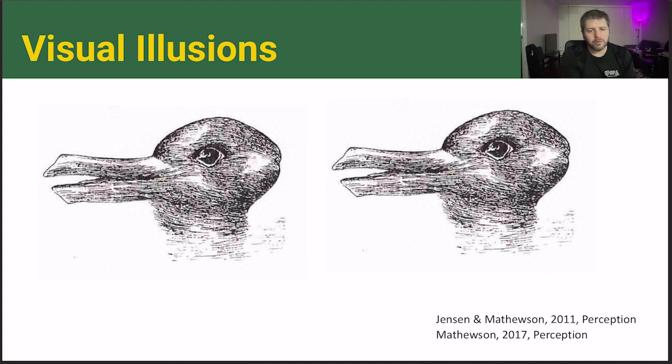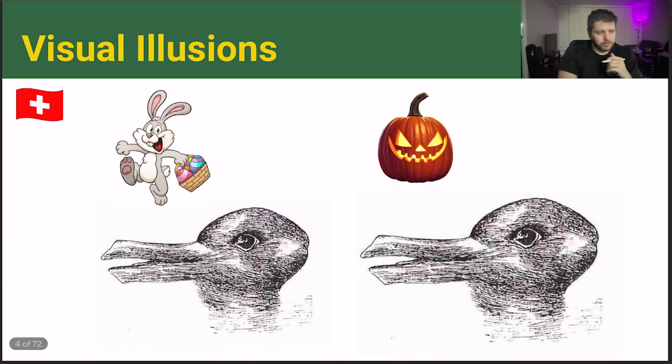And there are various reasons why this might come about. When this was first introduced in Switzerland, someone did a study where they asked people what they saw in this illusion, and they found that around Easter time people were more likely to see a bunny rabbit. And then around October, people were more likely to see a bird.